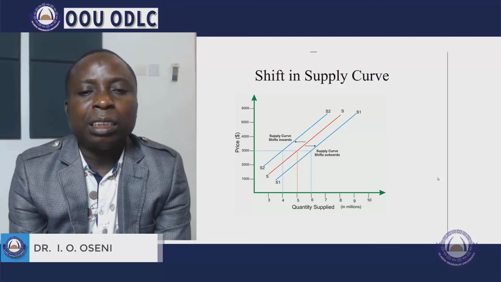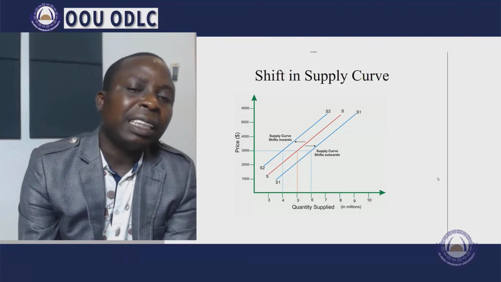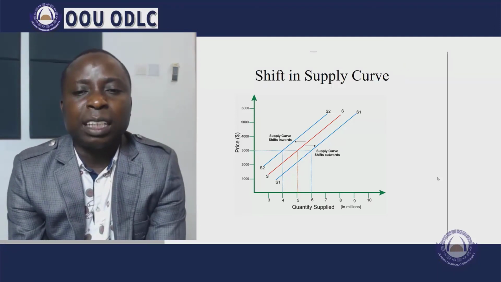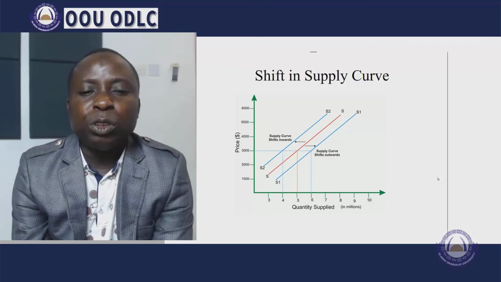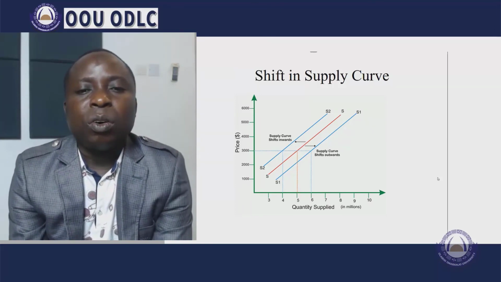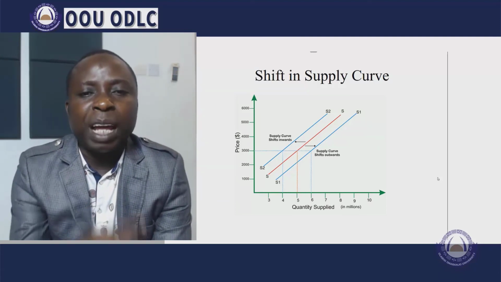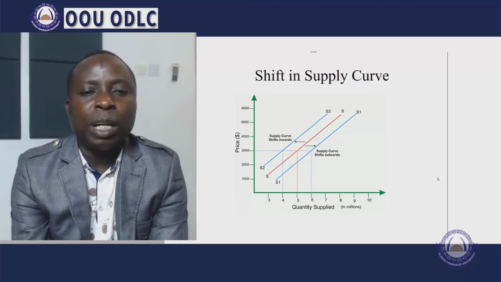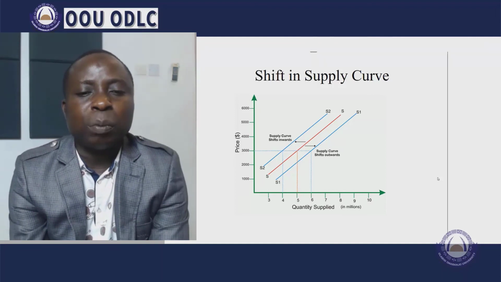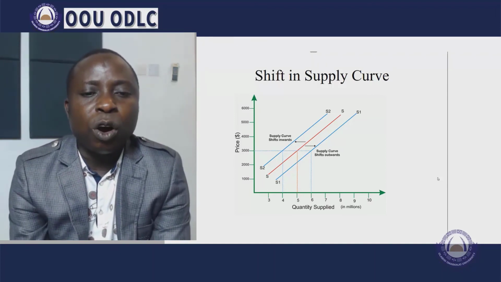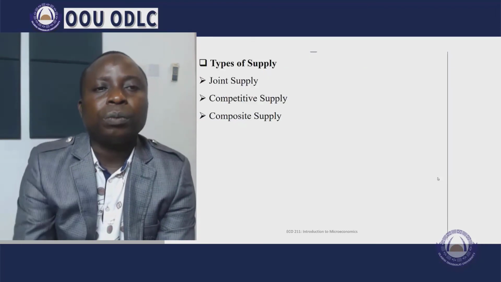That shows an outward shift in supply curve, represented by X1, and it leads to increase in supply from 5 units to 6 units. While a decrease in supply shows an inward shift in supply curve from S to S2, and that leads to a decrease in quantity supplied from 5 units to 4 units as shown in figure 2.